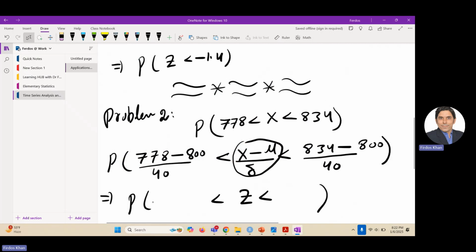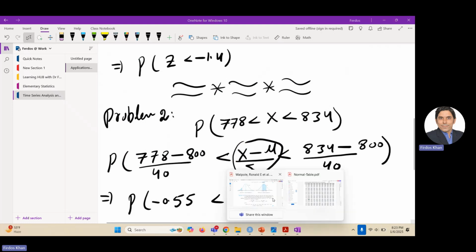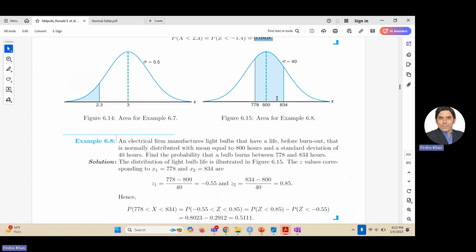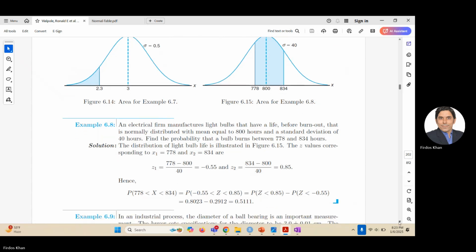You can see this figure constructed in this diagram. Remember that these are the values of x. If you draw this for z, it should be minus 0.55 and 0.85. So you need to find the area between these two. That's important now.